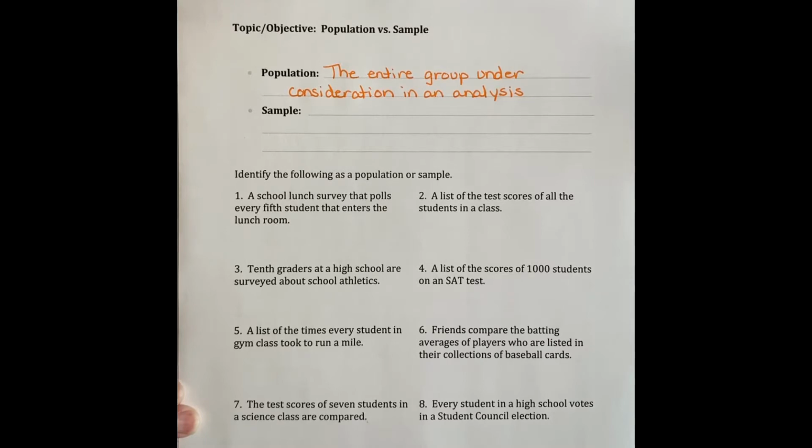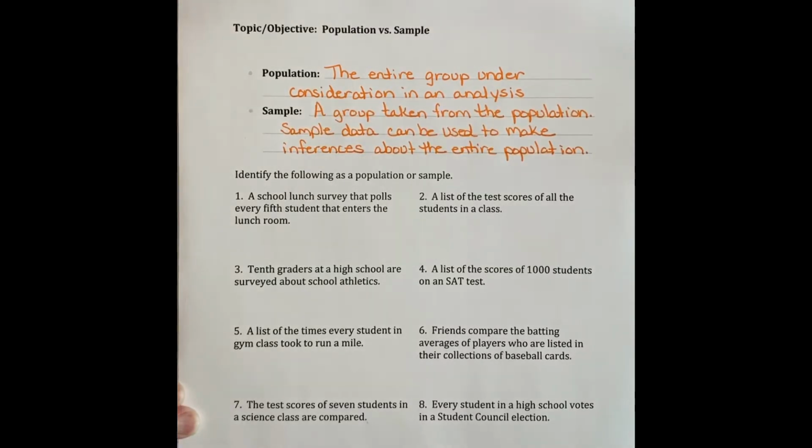A sample is a group taken from the population. Sample data can be used to make inferences about the entire population. So let me give you an example. One of the questions asked in the census is, what is your household income?